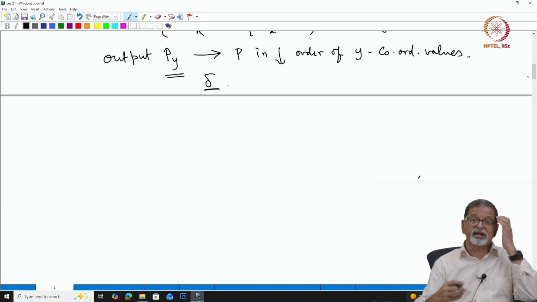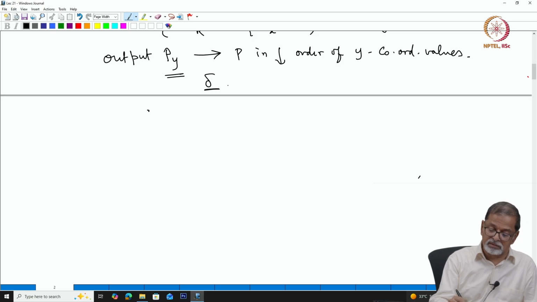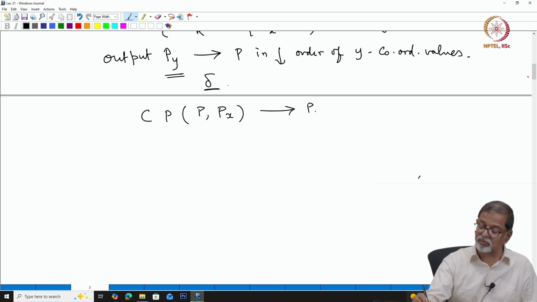Now, more for less. So our closest pair algorithm takes Px as input and it outputs Py and delta.